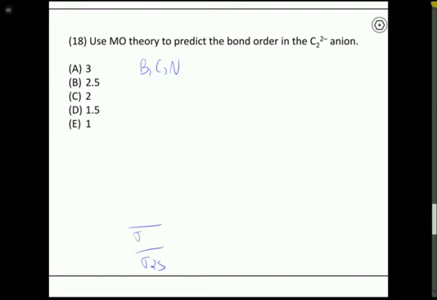But there are 2 different diagrams we need to be familiar with for the p block elements. So if you have boron, carbon, or nitrogen, the first 3 elements in the p block, this is the order that you're going to follow. Sigma 2s. Whenever orbitals combine, they form bonding and anti-bonding orbitals. So the 2 2s orbitals are going to combine to form a bonding sigma 2s and an anti-bonding sigma star 2s.